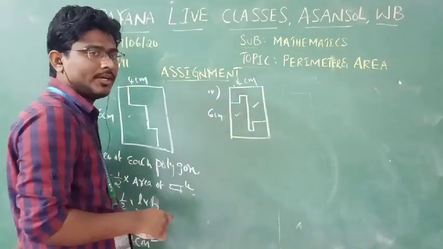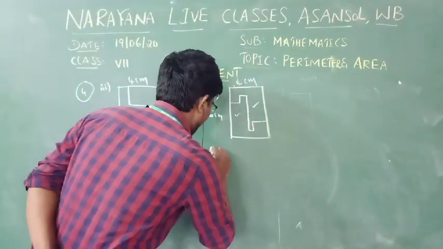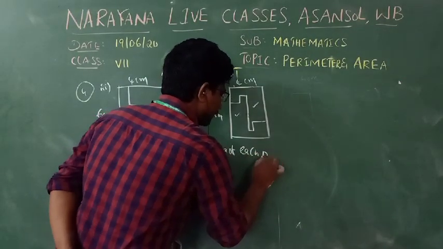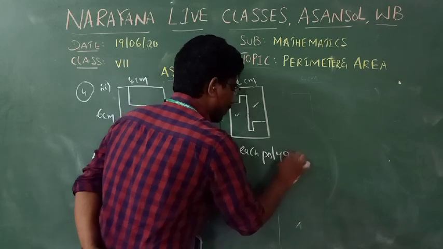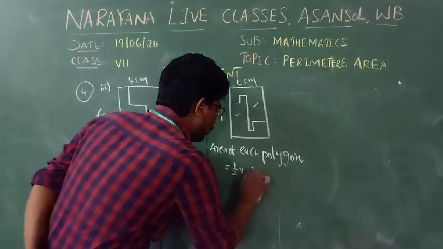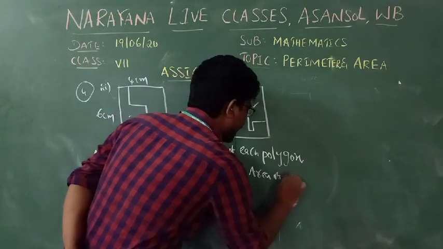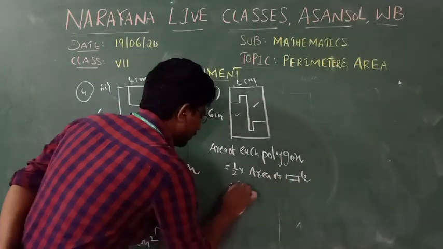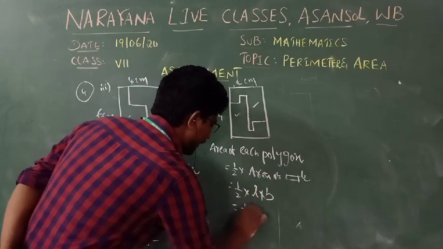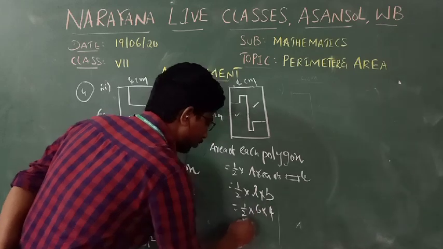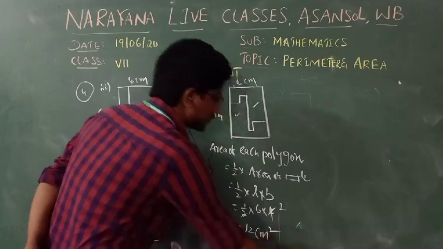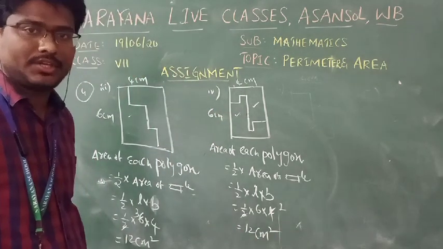Then area of each polygon is 1 by 2 into area of rectangle, 1 by 2 into length into breadth. Length is 6, breadth is 4. 2 ones are 2, 2 twos are 4, that is 12 centimeter square, the area of each part.